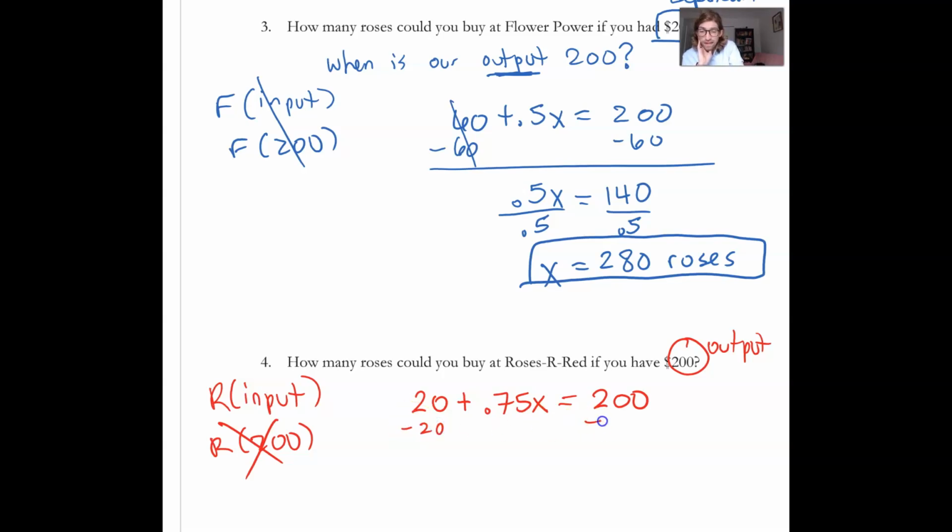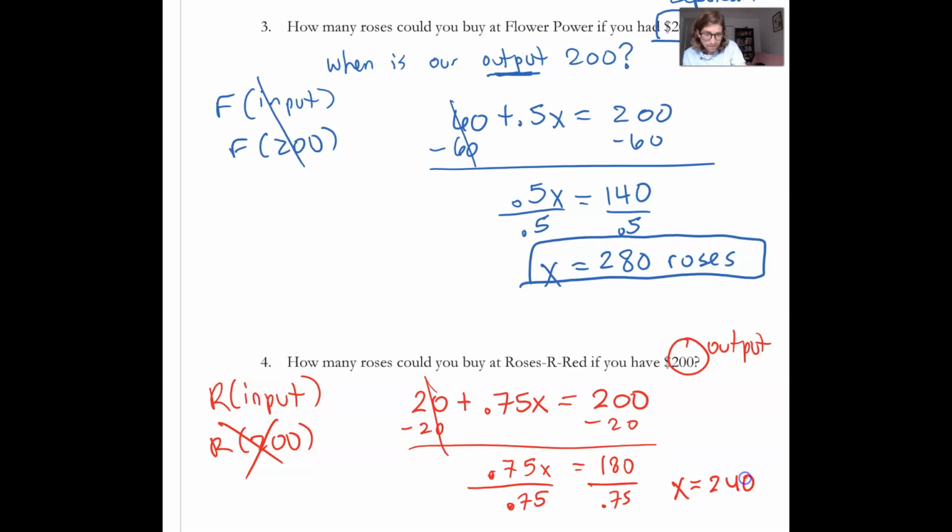So we're going to subtract 20 to cancel the 20s. We get 0.75x equals 180. And again, since we're using decimals, I'll allow you to divide by 0.75. 180 divided by 0.75, we get 240. And what are we solving for? How many roses? So at Roses Are Red, we can only buy 240 roses.